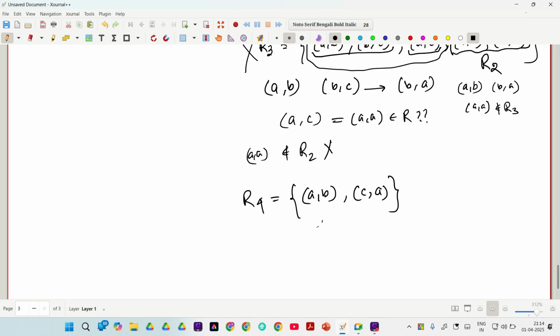Okay, now see this. If we write this, I'm just reordering the elements. Can you find A comma B and B comma C such that A comma C belongs to R?